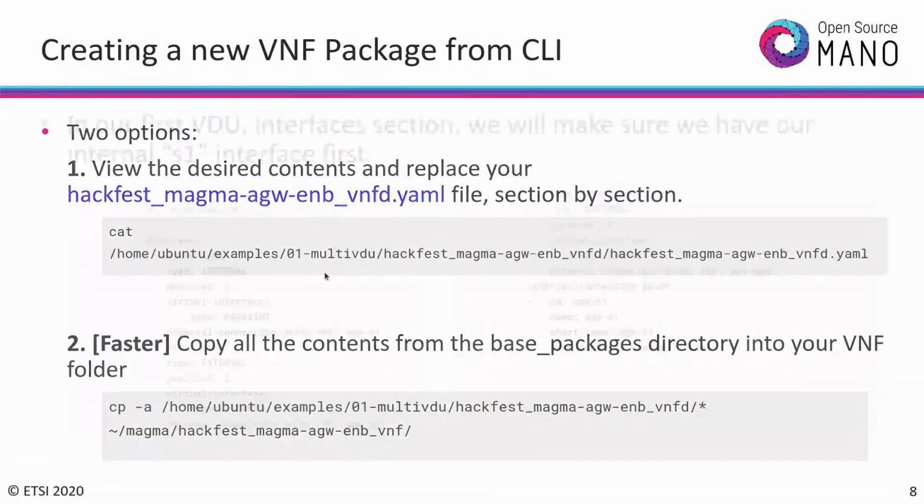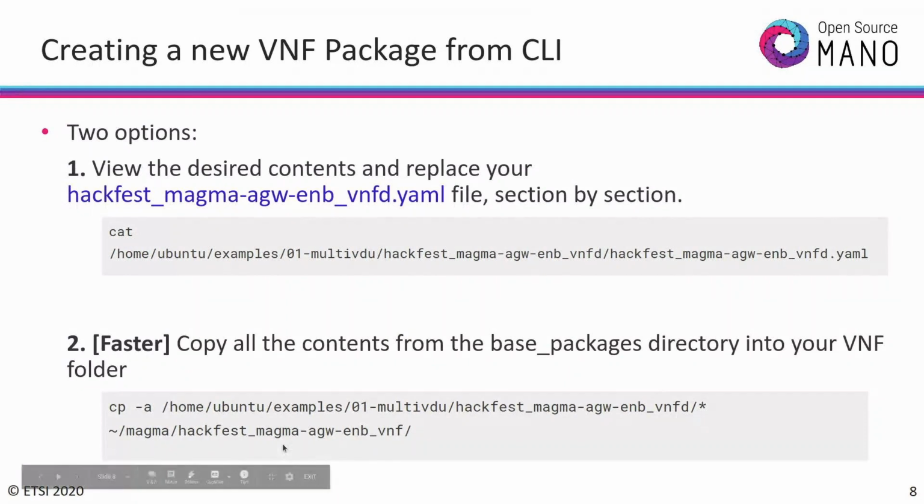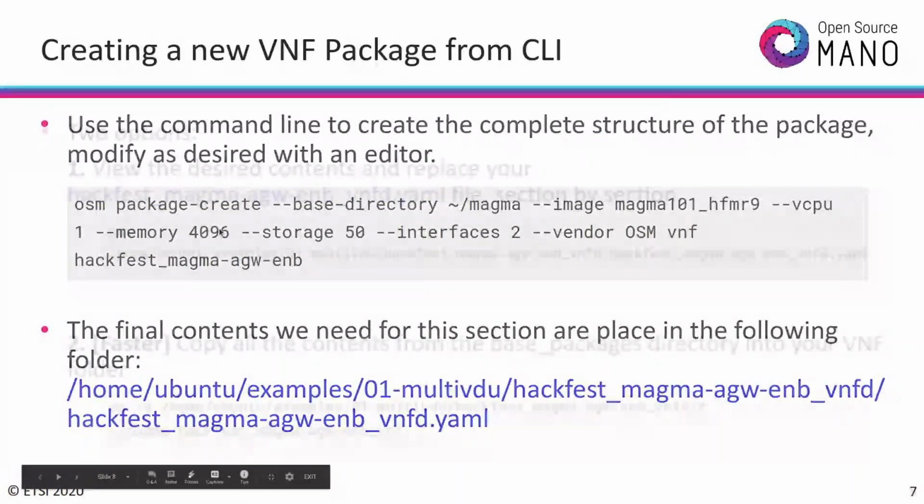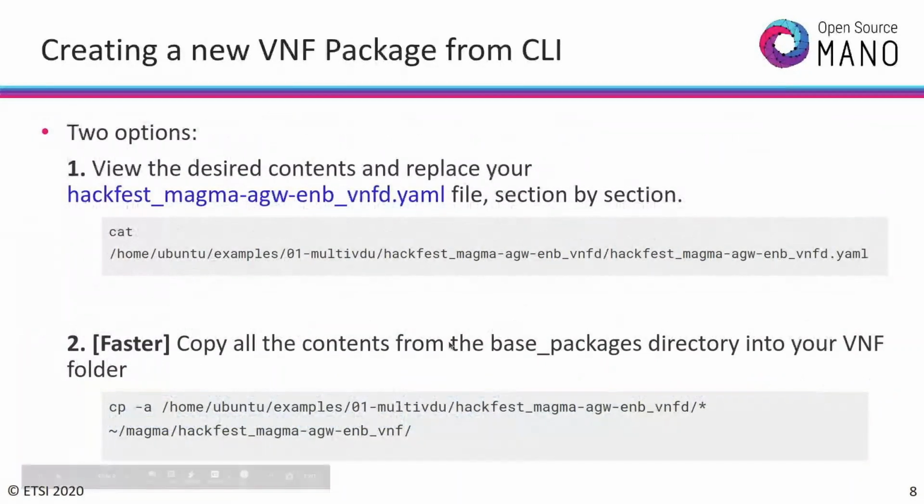So a faster way would be to just copy the contents of the examples that are already provided and paste them into your folder. In this way you would save doing the manual edition. You just replace the descriptor that you got from this command with a target descriptor. So whatever you prefer, okay?